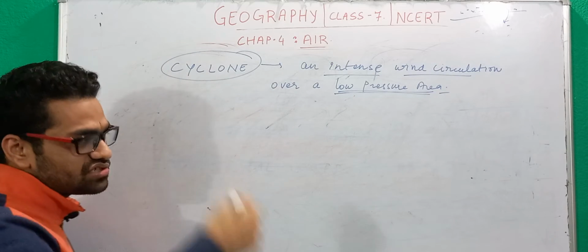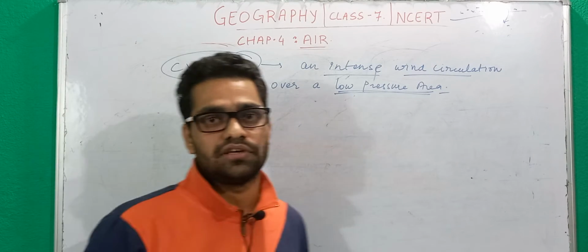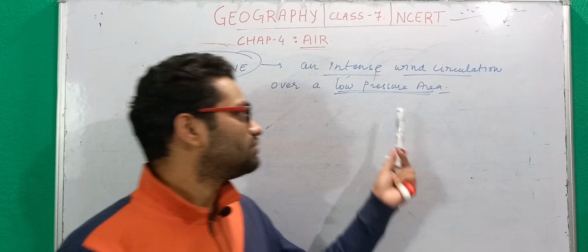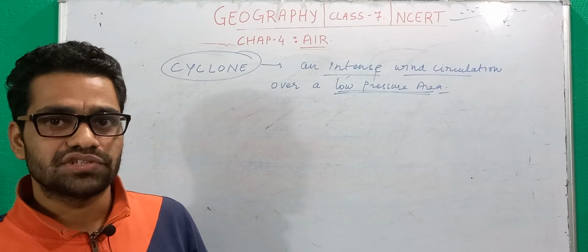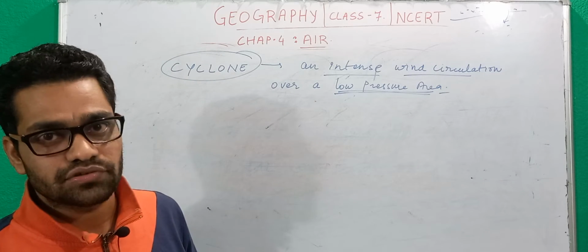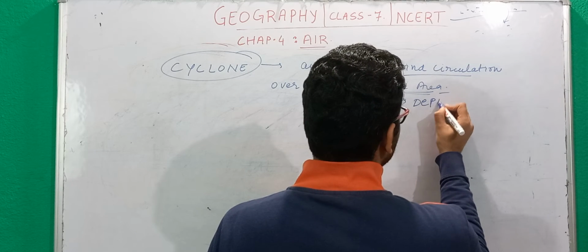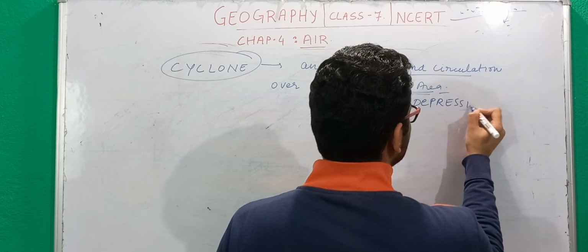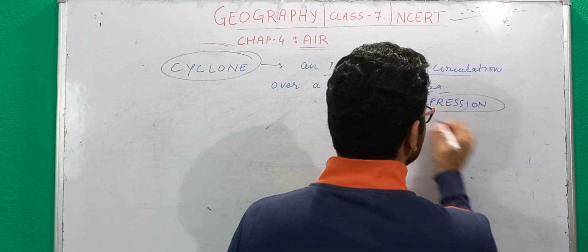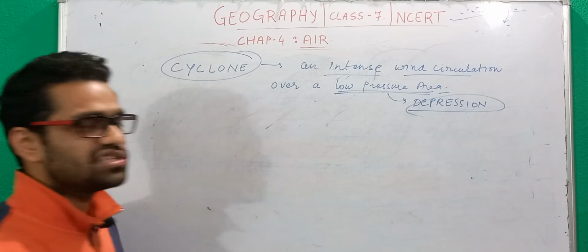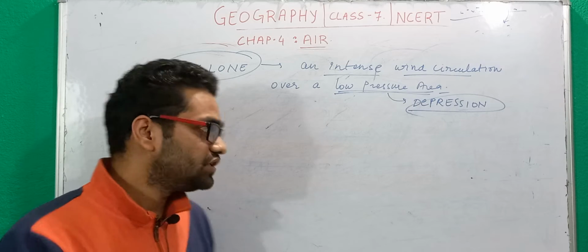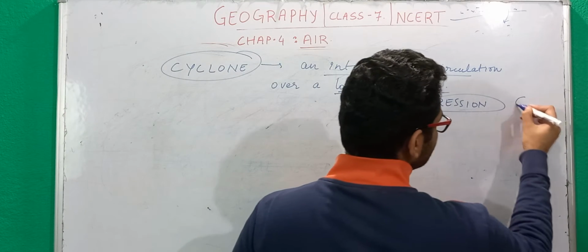This whole system will start over a low pressure area. Always remember this. Sometimes you will find that this low pressure area is named as depression in case of cyclone. So basically this depression is an intensely low pressure area where wind will flow from west to east direction.